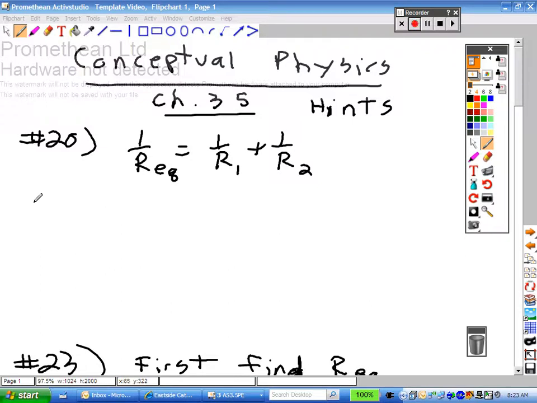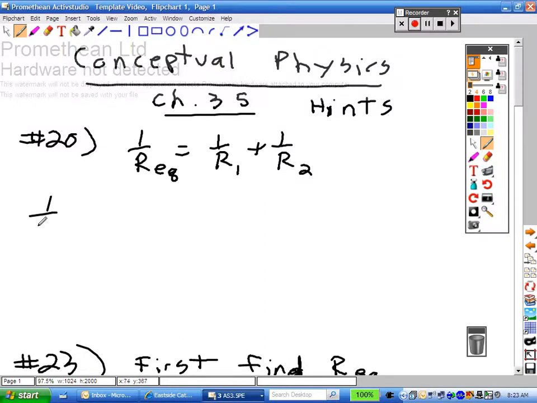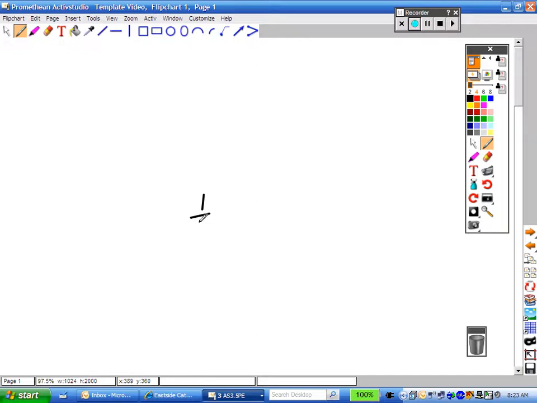Look at number 20. Number 20 being a parallel circuit, to find the equivalent resistance, you use 1 over R_EQ equals 1 over R1 plus 1 over R2. So for this one, we have 1 over the equivalent resistance equals 1 over 6 plus 1 over 6.